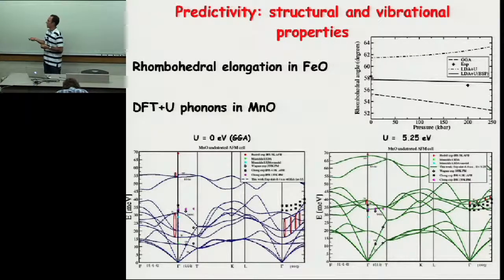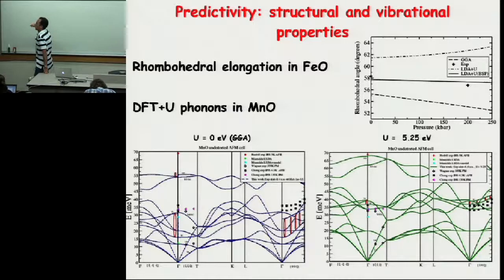This is actually manganese oxide, another material in this class of strongly correlated Mott insulators. You can see that the GGA not only underestimates the frequencies, but largely overestimates these splittings between transverse modes in low symmetry directions. And this is partly taken care of by the application of these plus U terms.